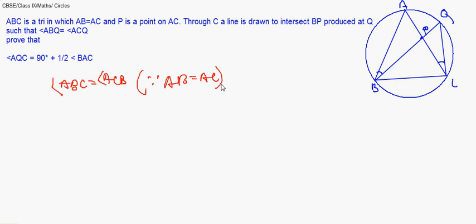Now look at the triangle BAC. I'm marking all of them with red, and then ACB and the complete ABC, that's in the triangle ABC.